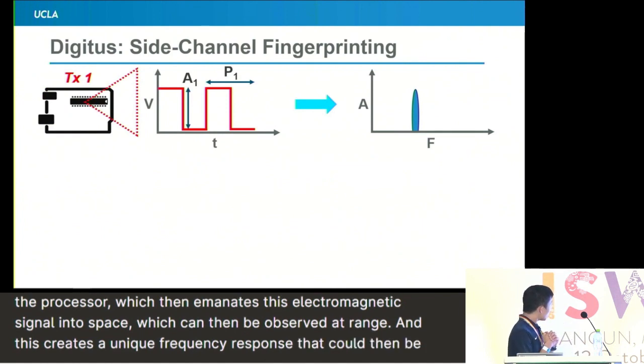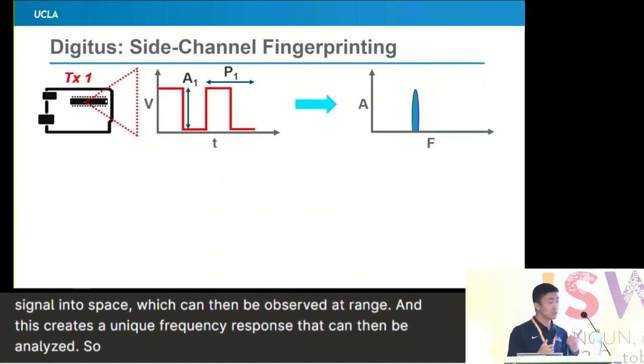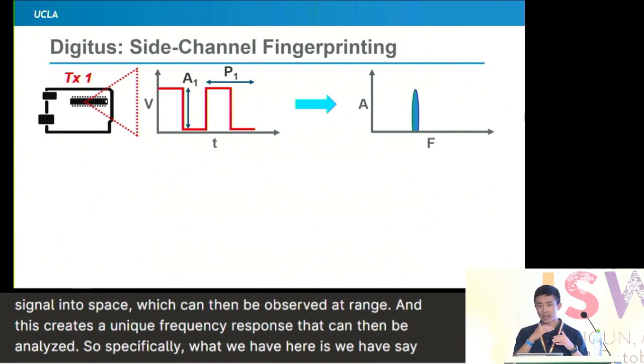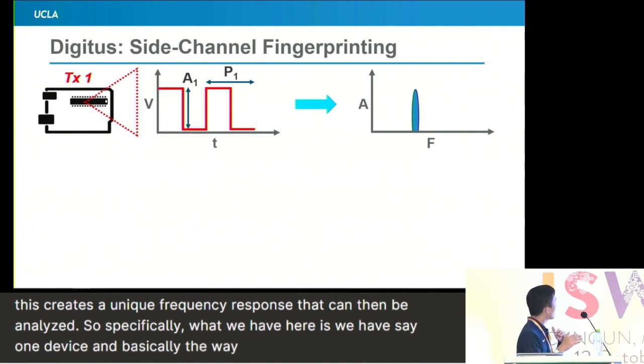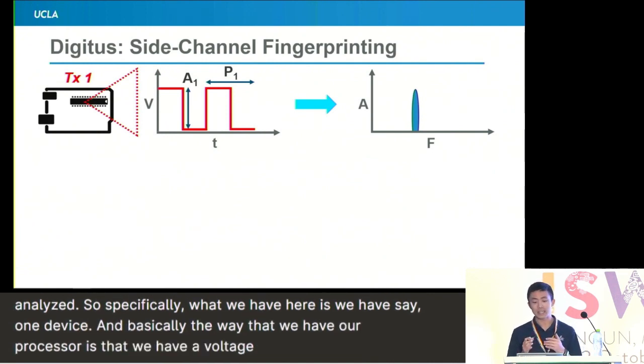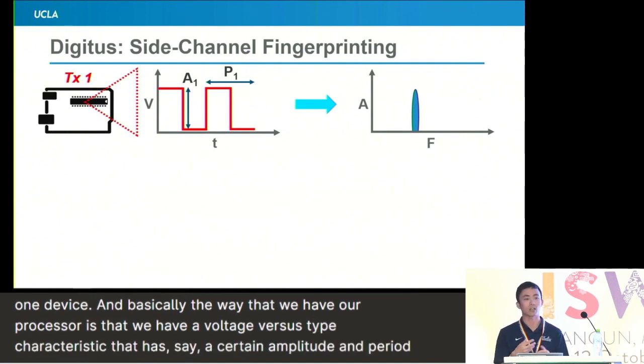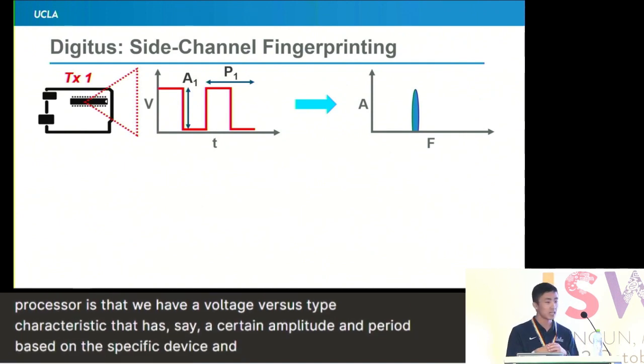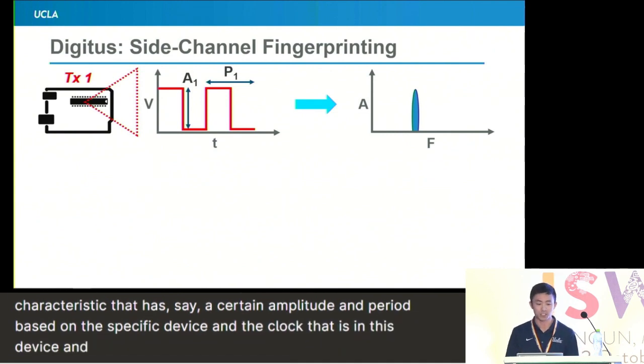Specifically, we have one device, and the way we have our processor is that we have a voltage versus time characteristic that has a certain amplitude and period based on the specific device and the clock in this device, and we have a specific frequency response.